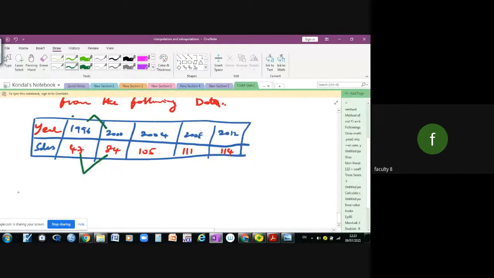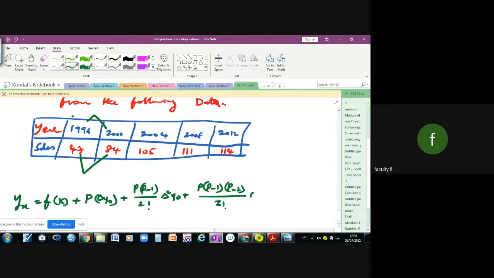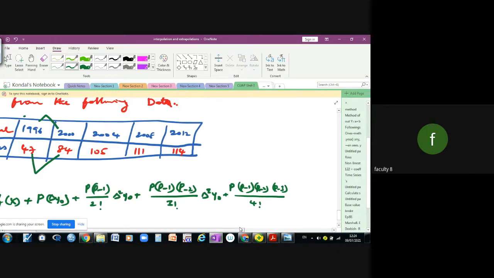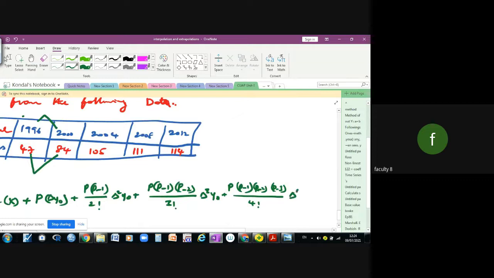For example, see the formula is y of x is equal to f of x plus p delta y0 plus p into p minus 1 by 2 factorial into delta 2 y0 plus p into p minus 1 into p minus 2 divided by 3 factorial into delta cube y0 plus p into p minus 1, p minus 2, p minus 3 divided by 4 factorial into delta 4 y0.